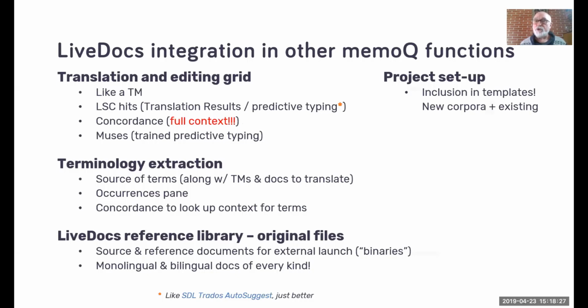If you use the project wizard to set up your projects, you have to go in after the project is created and attach whatever existing LiveDocs corpora you want in that project to the project, or create a new project-specific or customer-specific corpus if you don't already have one. And the nice thing about the project templates is that it does all of this for you automatically.